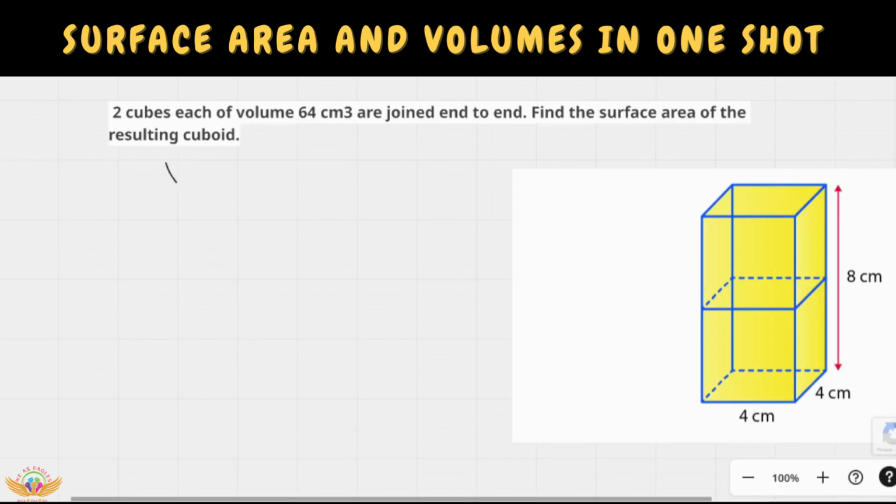Let us write down the given. They told that the volume of each cube is 64 centimeter cube. That implies a cubed is equal to 64. So a is equal to the cube root of 64. So the cube root of 64 is how much? 4 centimeters is our a.